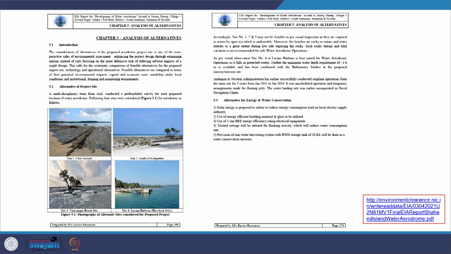For this, they looked into the solar energy option for the supply of electricity, and then also use of energy efficient building materials, and looking at what kind of rating they would have in their functioning, and how they would also recycle sewage, what kind of sewage treatment they would undertake to reduce the consumption of water, and then also how they would harvest rainwater for conservation of water.